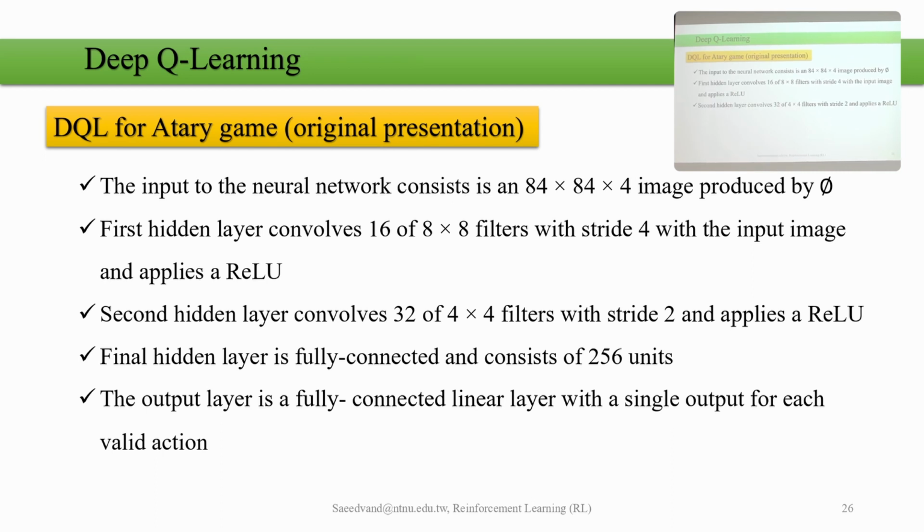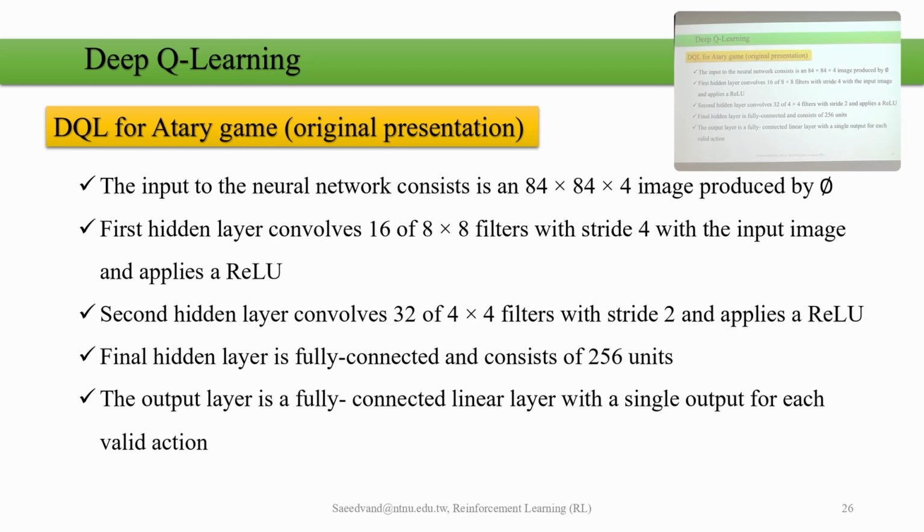Okay. Then for the second hidden layer, they define 32 filters of 4 times 4 with a stride of 2, and they again applied ReLU on the second layer. And the final hidden layer is fully connected and consists of 256 units. You see, a very simple deep learning structure for the training of the network.